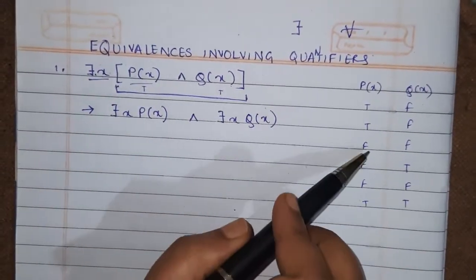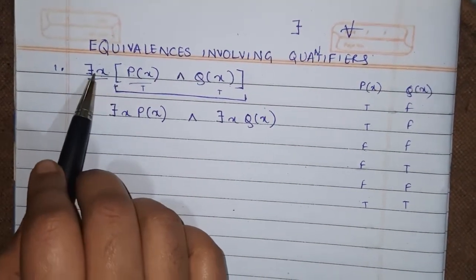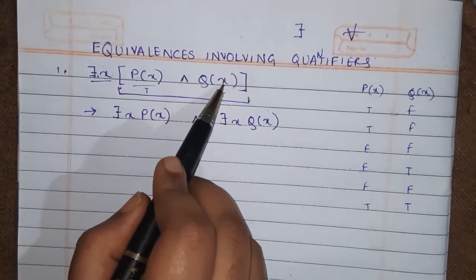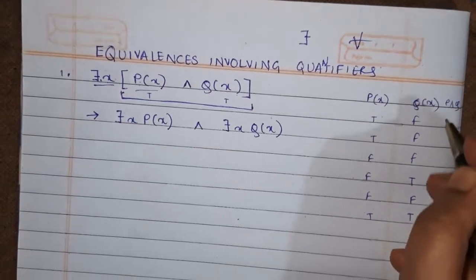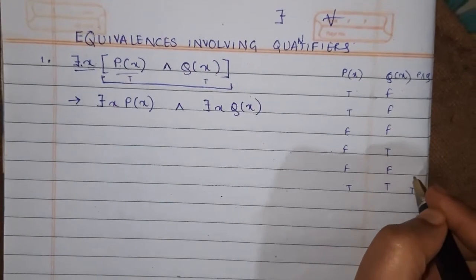From this table, the first part, there exists x p of x and q of x: if we do AND of p and q, then only this one is true, others will be false.